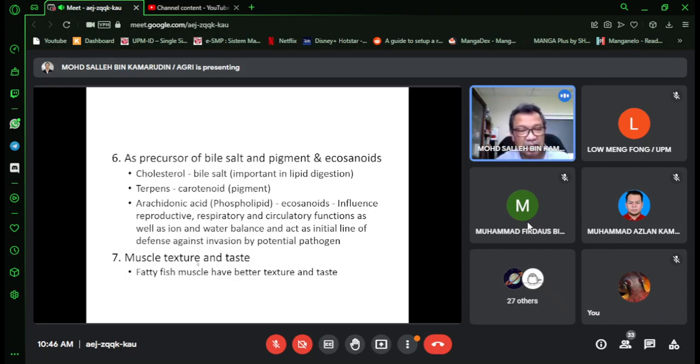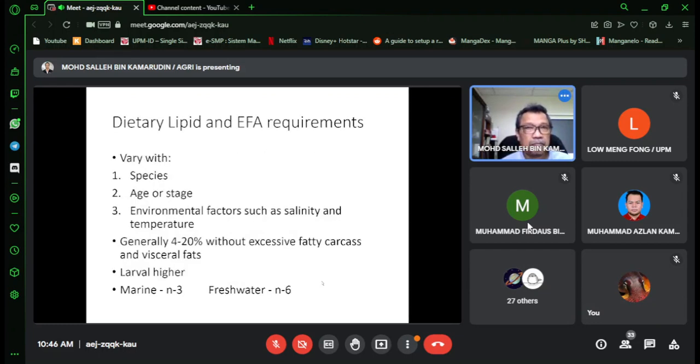So mesti ada oil has to be added in the body, so that they have a better good texture and also taste. Too much tak boleh, too little the taste is off. Alright, that's the function of lipid.